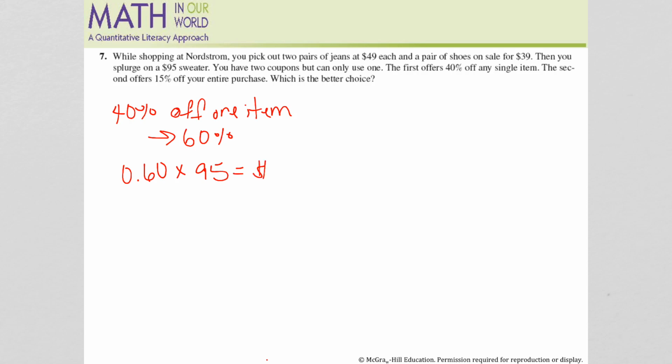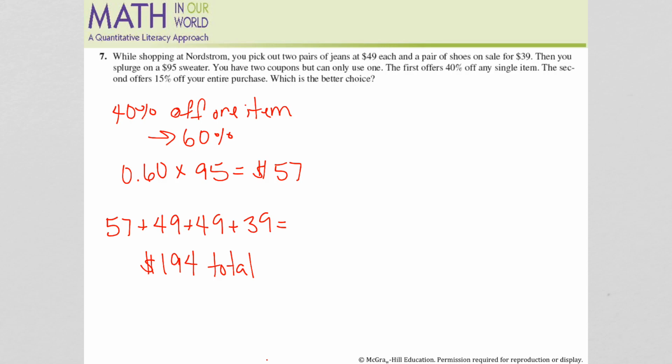So the sweater would end up being $57, okay? That would put our total at $57 for the sweater. Each pair of jeans was $49, and the shoes $39. Gives us a total of $194.